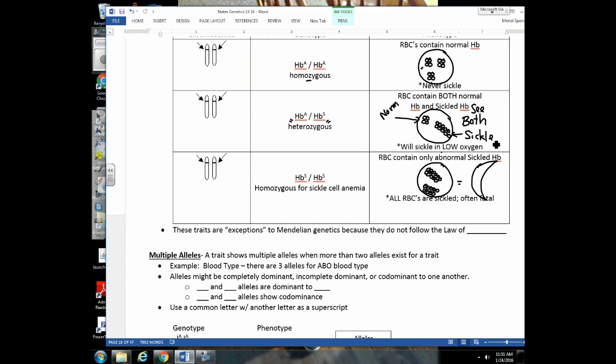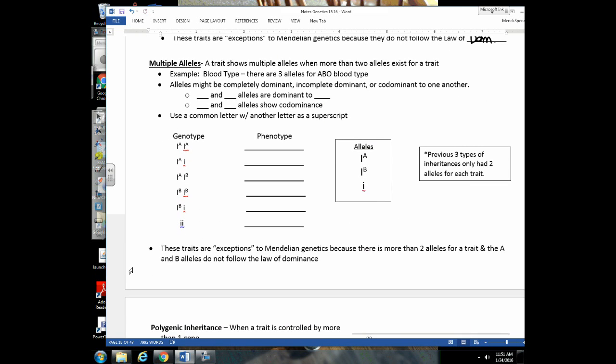And again, these traits that we just went through showing codominance, they're exceptions to Mendelian genetics because they don't follow the law of dominance. We don't have one allele that is dominant and the other one that is recessive all the time. Another exception is whenever we have a trait that has multiple alleles. So far, everything that I've gone through for a certain gene, for a certain trait, there's only been two alleles.